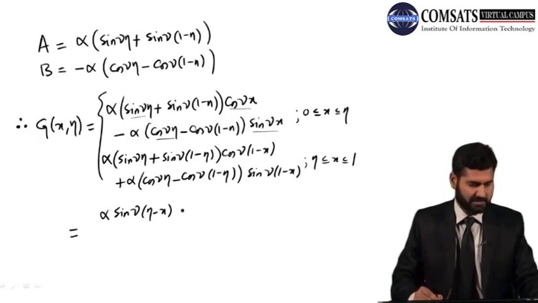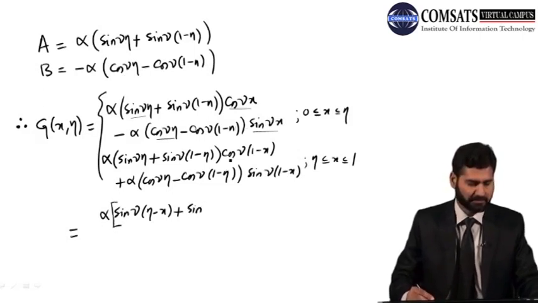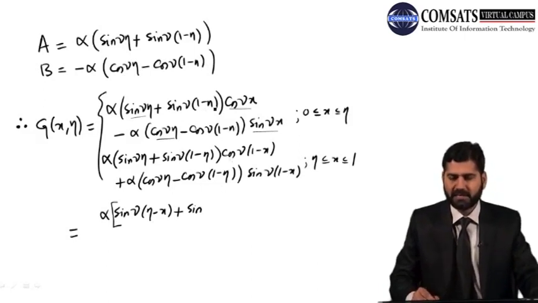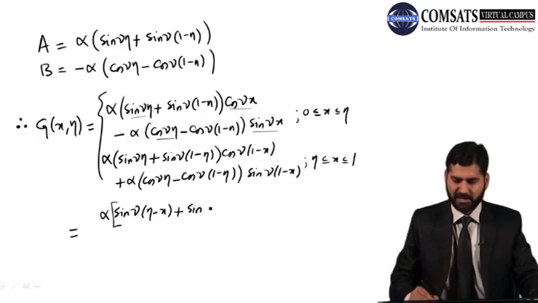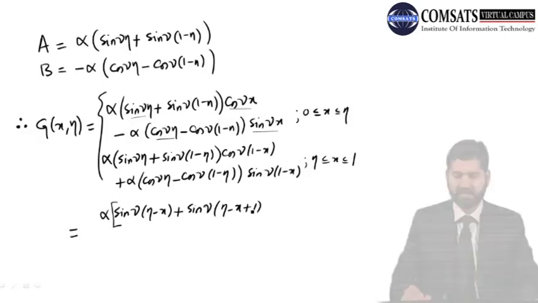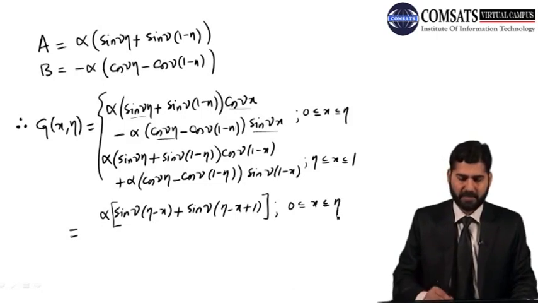So alpha is nu (1 minus eta) plus nu x. If you take nu as common, it will become 1 minus eta plus x. So sine nu (eta minus x plus 1). So this is what you got for 0 less than x less than eta.